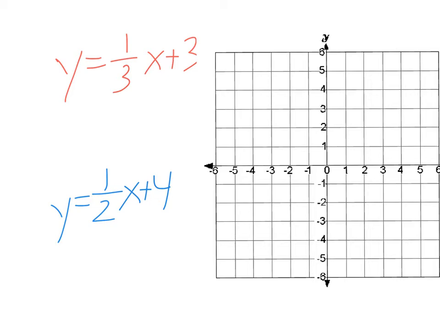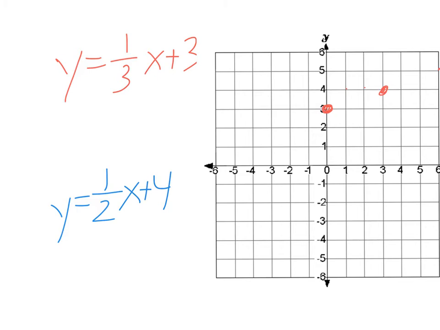Okay, if you did that correctly, you would have said on the first equation it crosses the y-axis at 0, 3, and it goes up 1 and over 3, and up 1 and over 3 is over there, and I'm going to do something a little crazy.